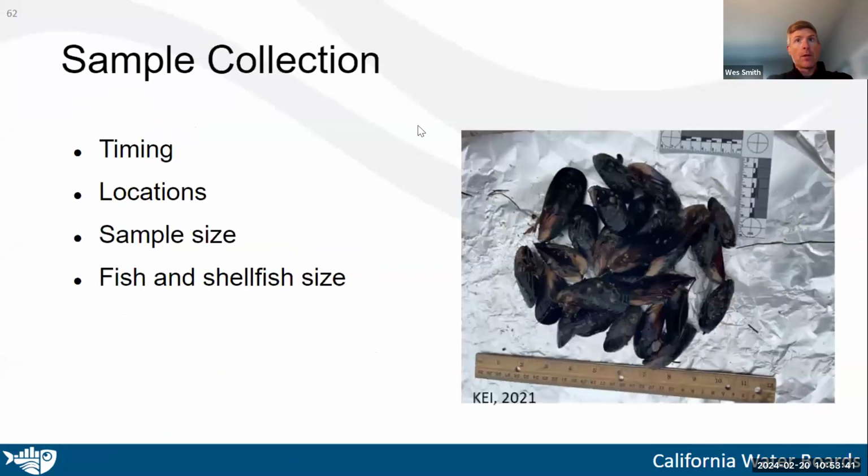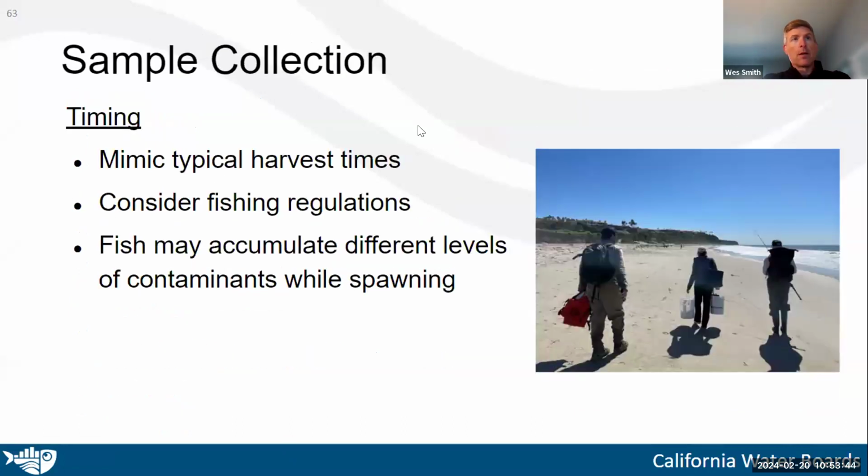So, for timing, we suggest that people mimic typical harvest times. We want to see what the levels of contaminants are in fish when people are actually collecting and consuming those fish and shellfish species. Sometimes the sampling season isn't at the same times as when some species are collected, especially during the winter months.